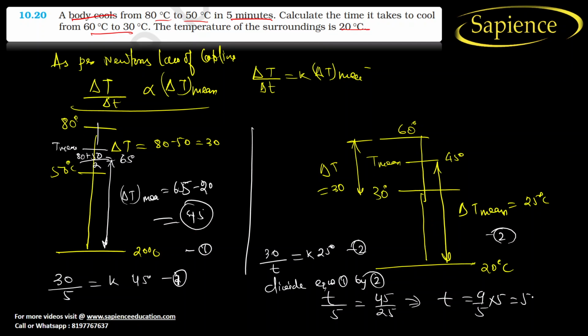So I hope you have got the desired result. The time taken to cool from 60 degrees to 30 degrees is, no, not 5 minutes, it is 9 minutes, sorry, 9 minutes. Okay, so I hope you have understood this section well.